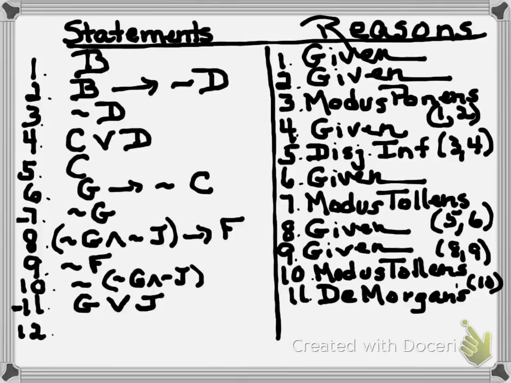One of them had to be true, so it must be J, which is exactly what you were supposed to be proving, and it's by disjunctive inference. And that uses lines 7 and 11.